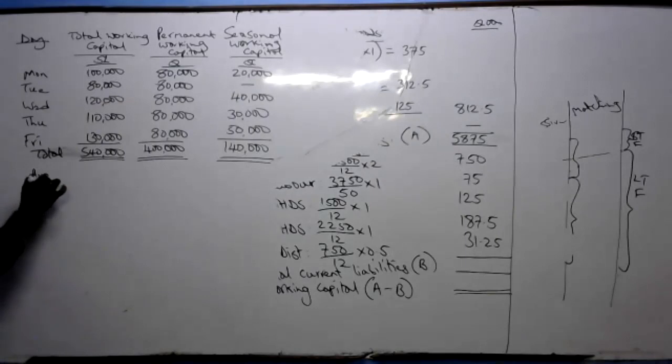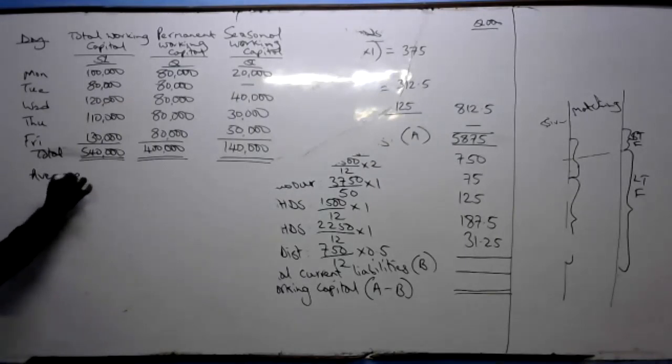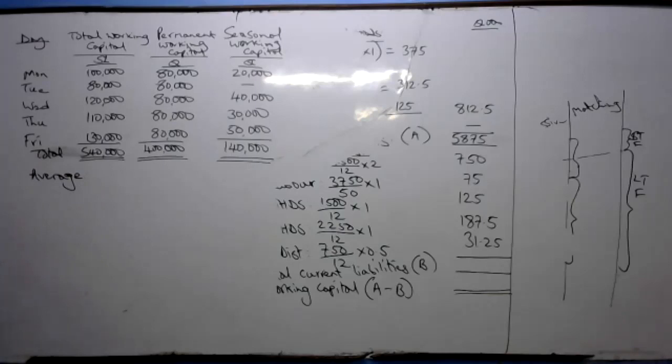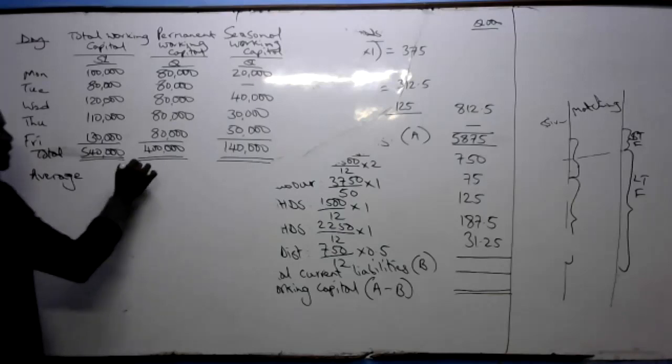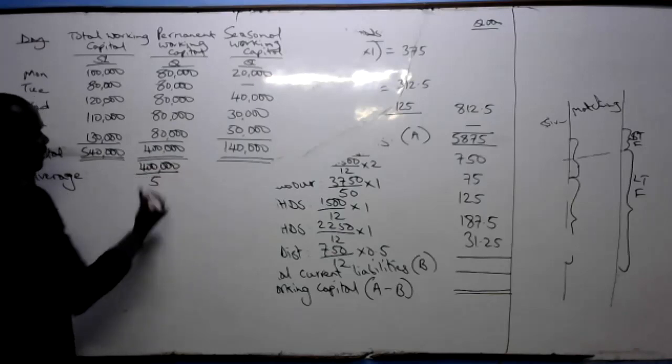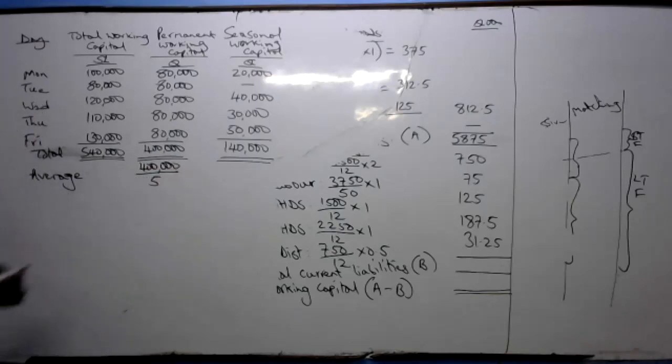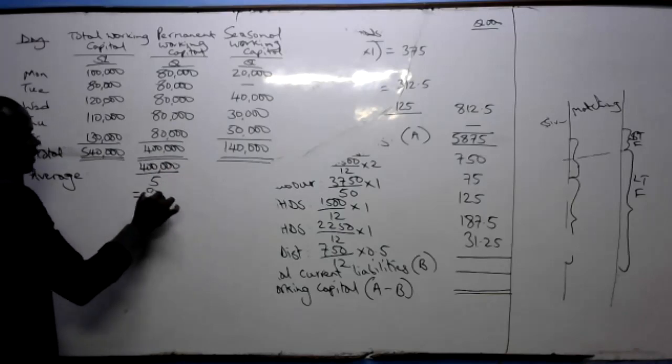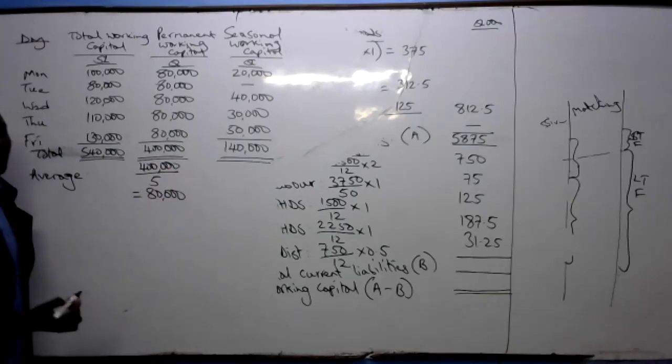So can we have the average? Wanataka average of the permanent and average of the seasonal. So average hapa inakuwa 400,000 divided by what? Is it 5 days in a week? So it takes us back to 80,000.